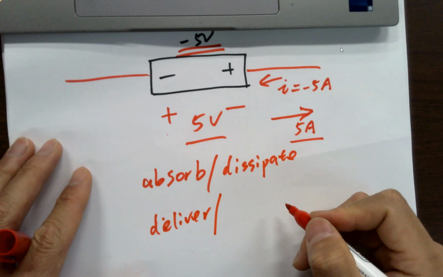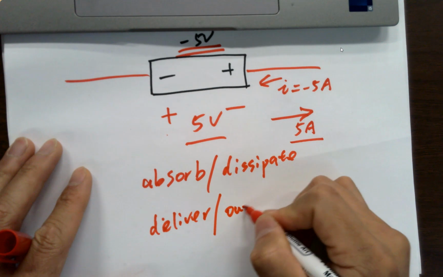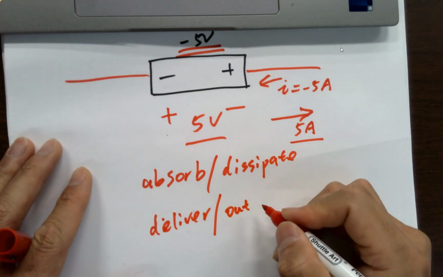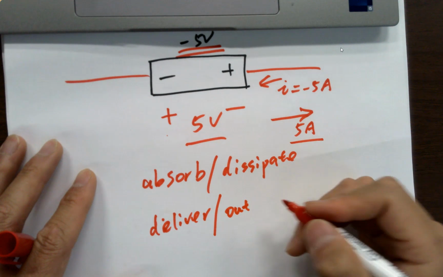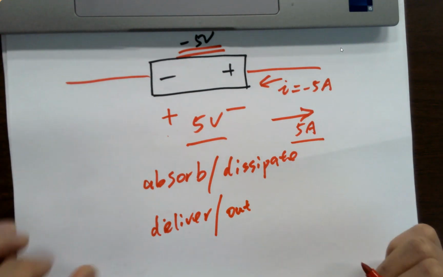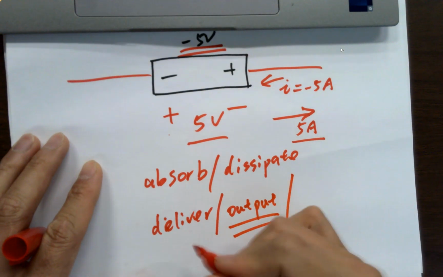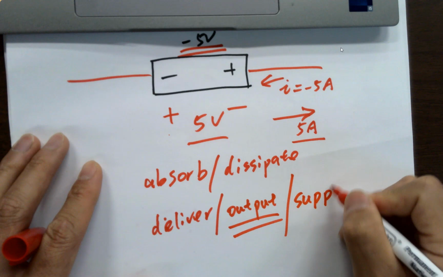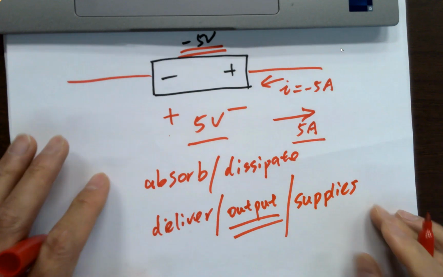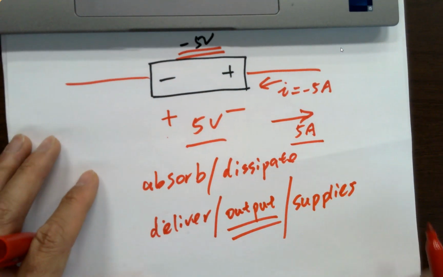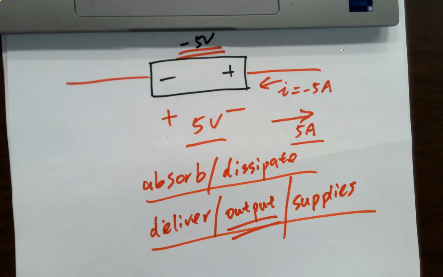What else? Providing, supplying. That's what they usually use: voltage supply, power supply. I think they didn't use output, they just use supply or deliver. That's what they use in the problems. So you know what they are. Absorb, deliver.